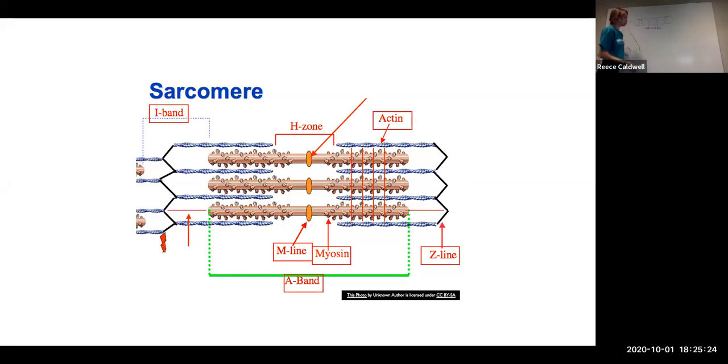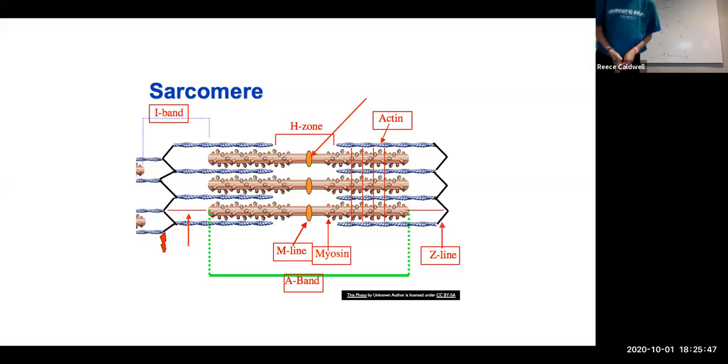Let's enlarge the sarcomere. So when we enlarge the sarcomere, it looks something like this. This is one sarcomere. Here's another sarcomere. So this is a sarcomere, 1, 2.